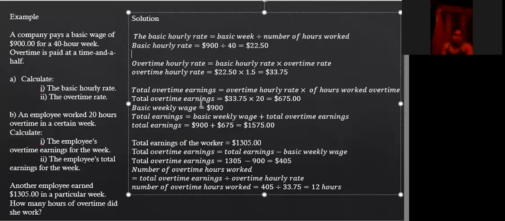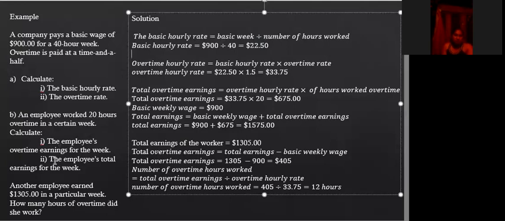So $33.75 multiplied by the 20 hours she worked overtime gives us $675. This $675 answers the first one, which is the overtime earnings for the week.